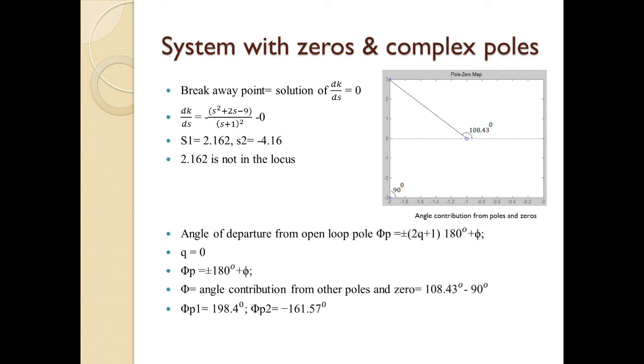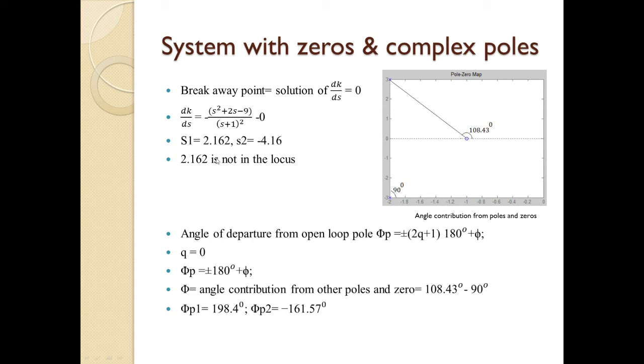So using 1 plus GH is equal to 0, we can find out the relation for K, and after differentiating with respect to s, we get dK/ds equal to minus of (s square plus 2s minus 9) by (s plus 1) whole square. Comparing this to 0, we get 2 points. One is 2.162 and another is minus 4.16.